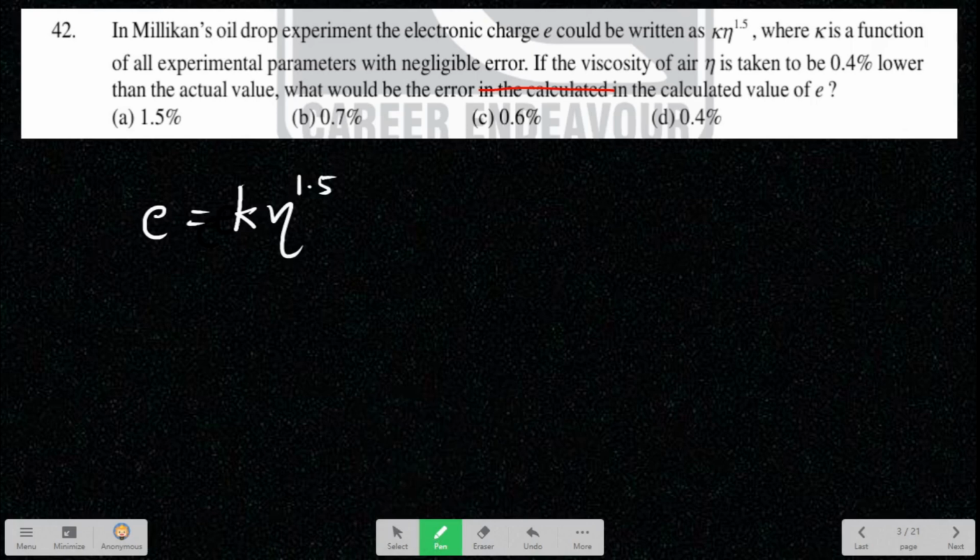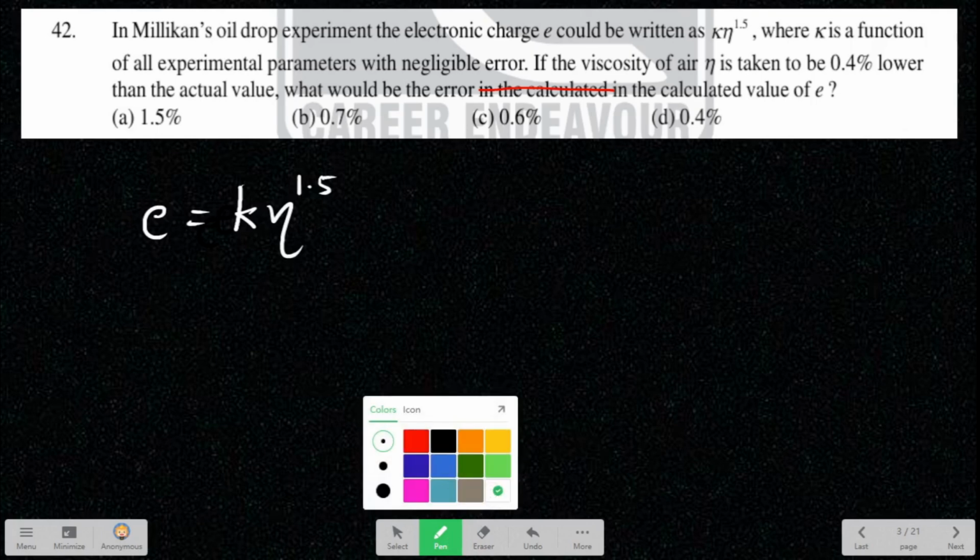These types of questions we see from class 11 or 12. So to do this, let's say we have a quantity Q is equal to x raised to a, y raised to b divided by z raised to c.